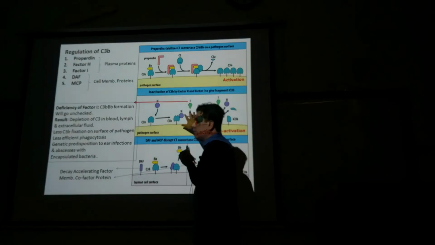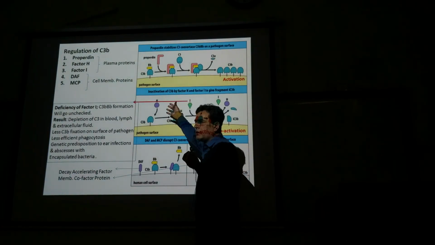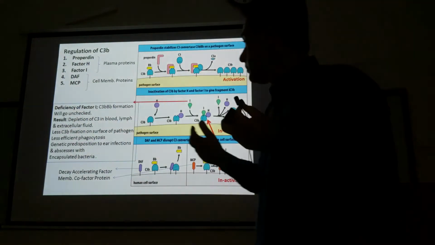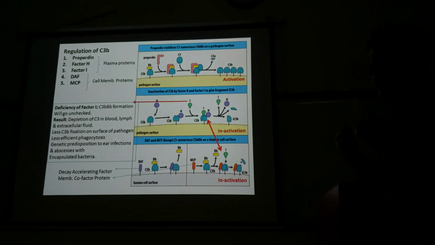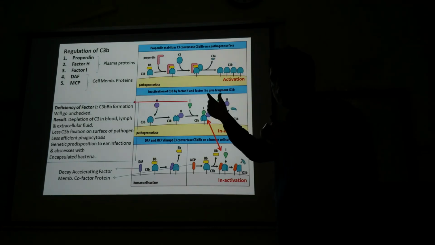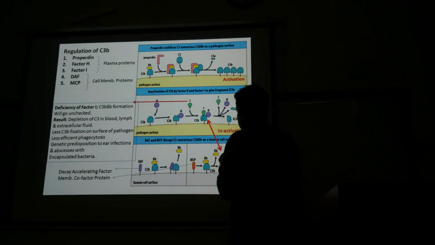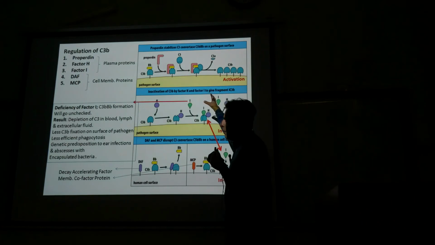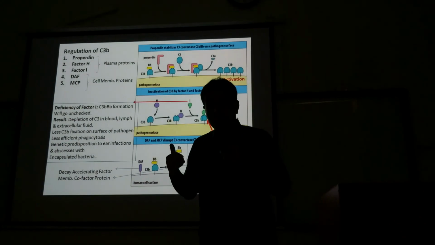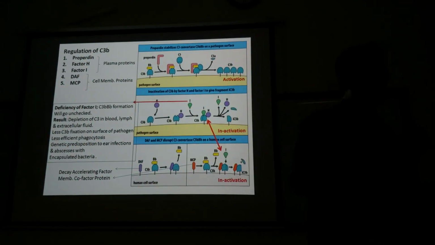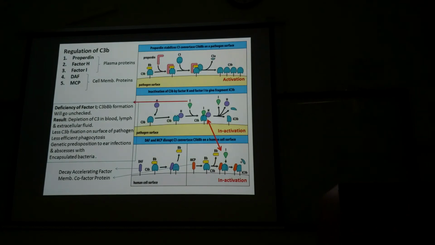Although there is a choice, the availability of factor B, for instance, at certain points of time during this process when the infection is proceeding, depends on the availability of these factors, that at what point of time which factor would be available in that particular microenvironment. Okay, so at the end of infections, when the threat almost has been neutralized, the quantity of these factor H may increase at the site where infection is going on.